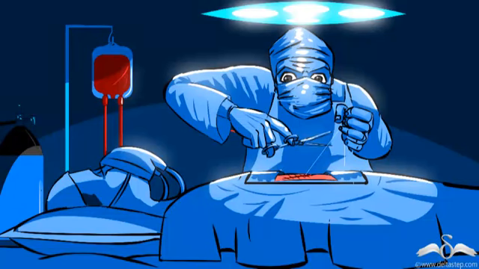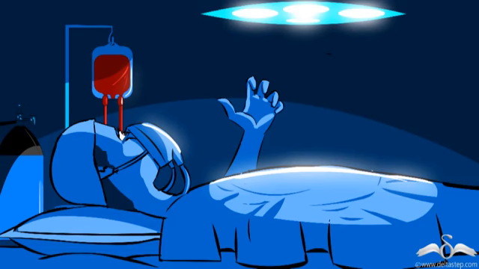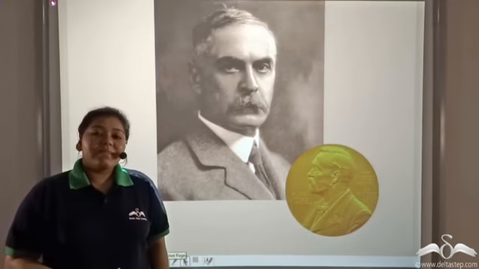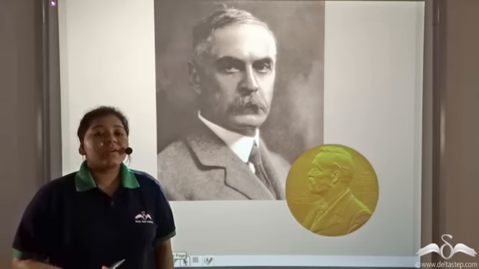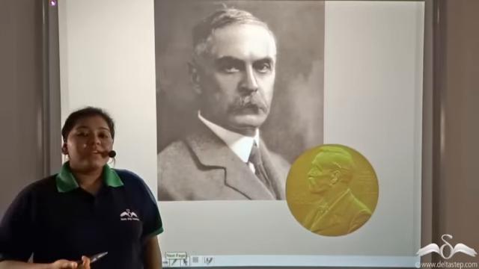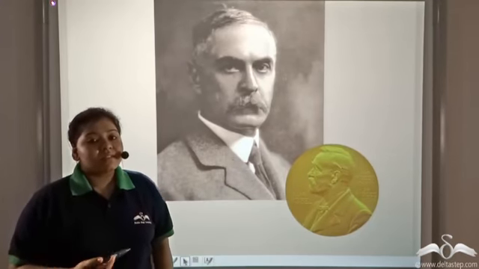In the end of the 19th century, when surgeries reached a peak, it was seen that surgeries were done successfully, but after surgeries, the patients often died. During that time, a Nobel laureate called Landsteiner, who lived in Vienna, noticed that many people died post-surgeries.